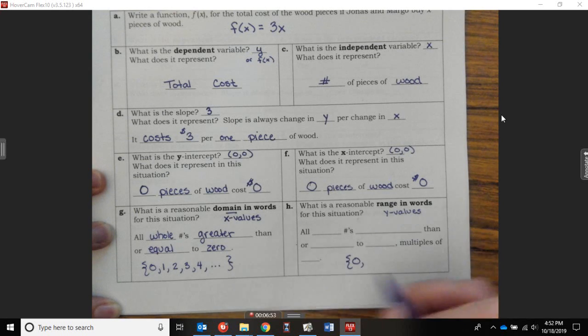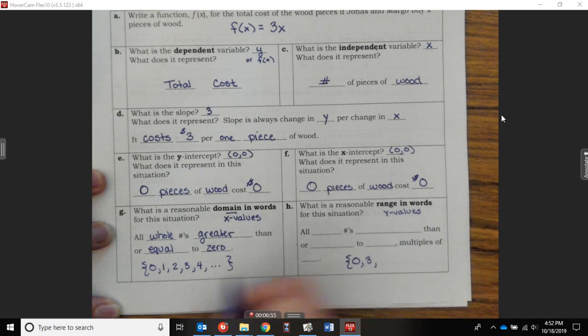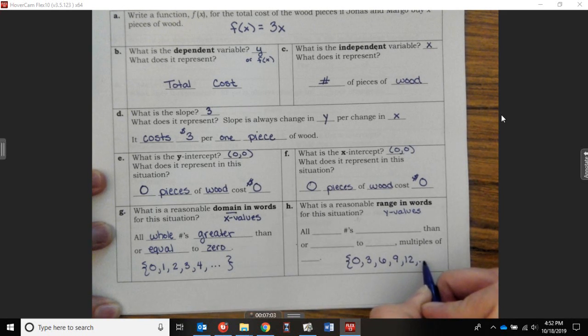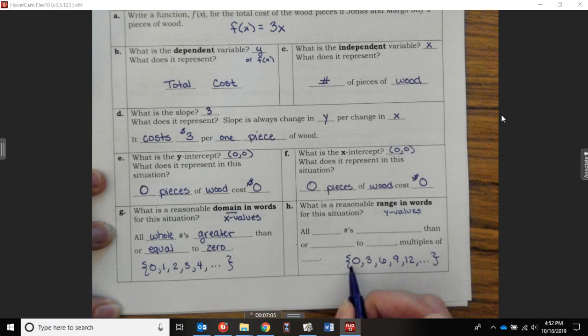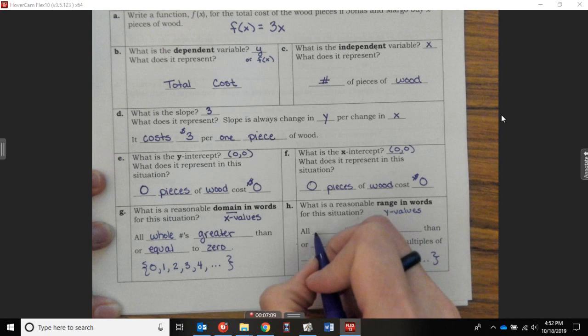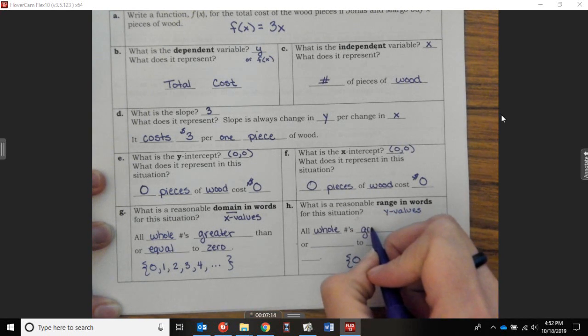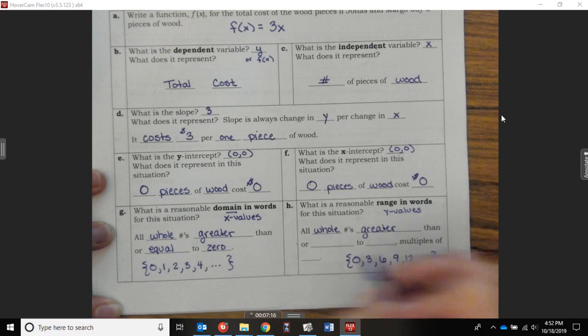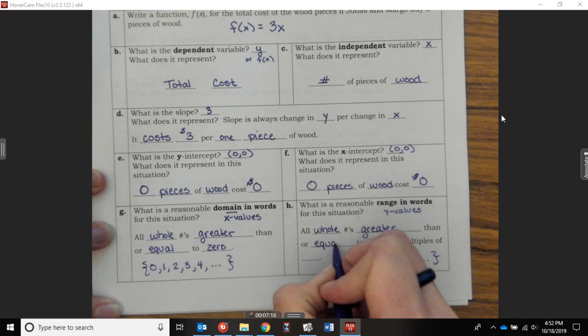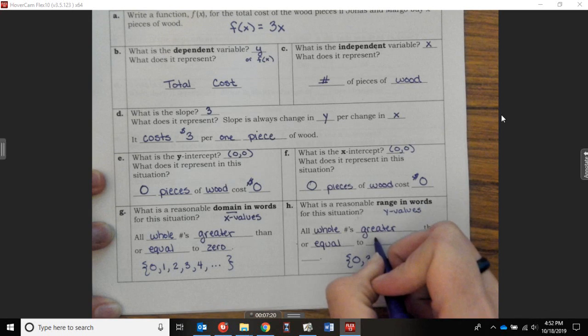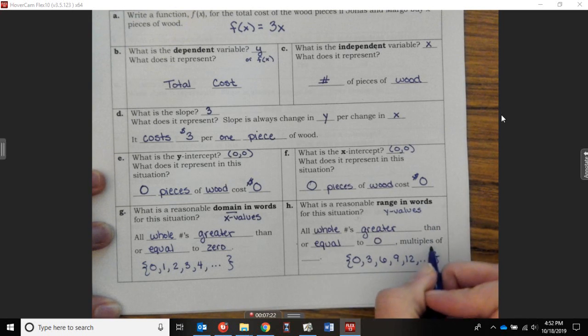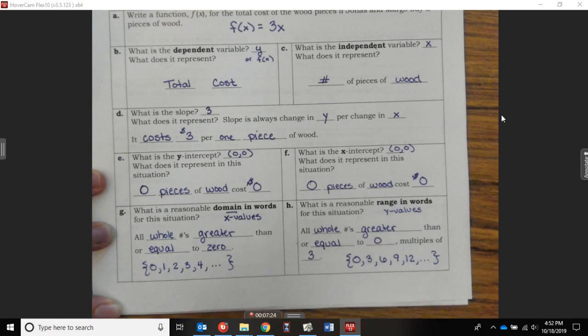If I buy 1 piece, that costs $3. 2 pieces cost 6, 3 pieces cost 9, 4 pieces cost 12, and so on. They're increasing starting at 0. And they're all whole numbers again, greater than or equal to 0. But they're specifically increasing in multiples of 3.